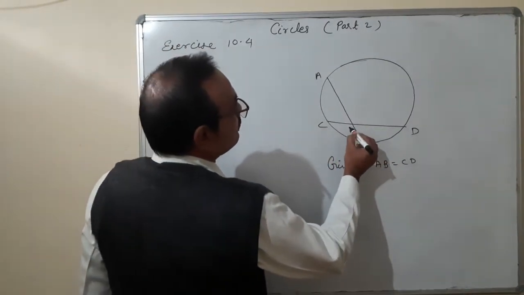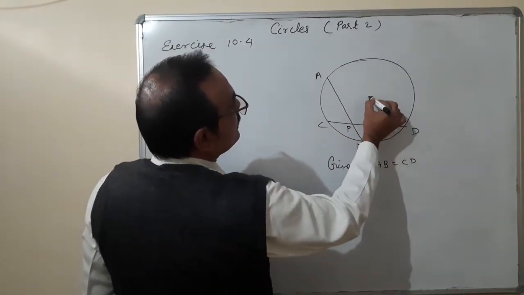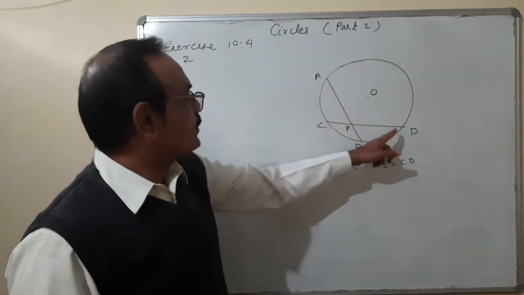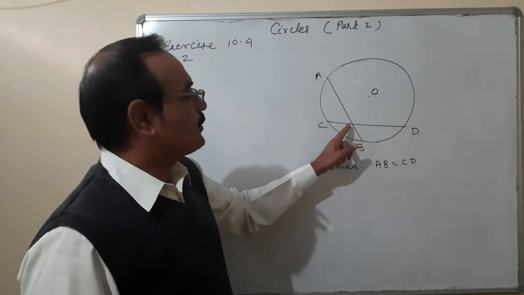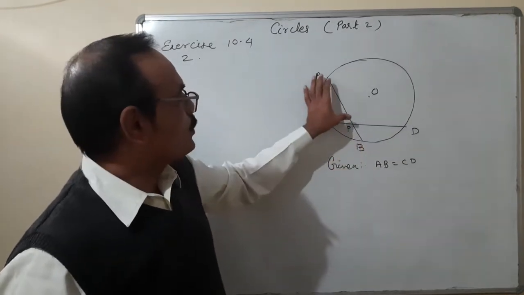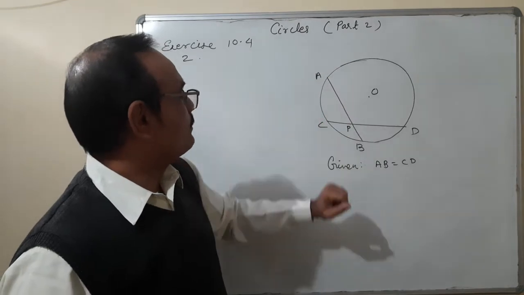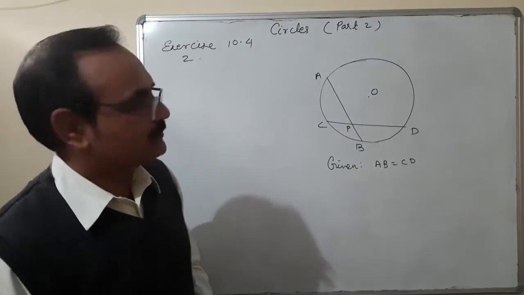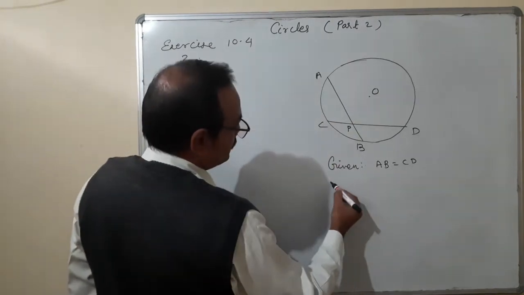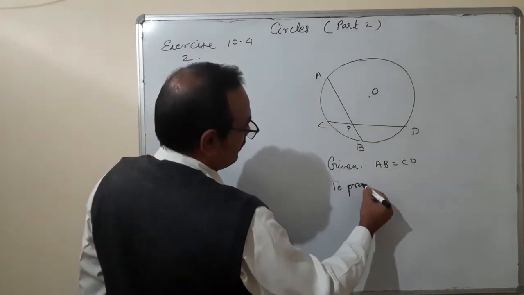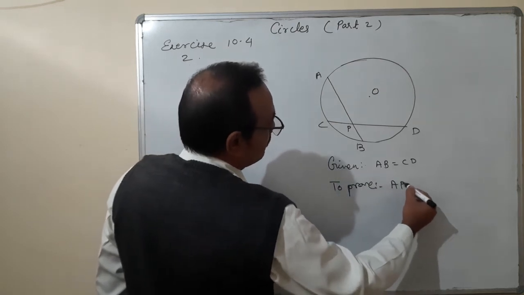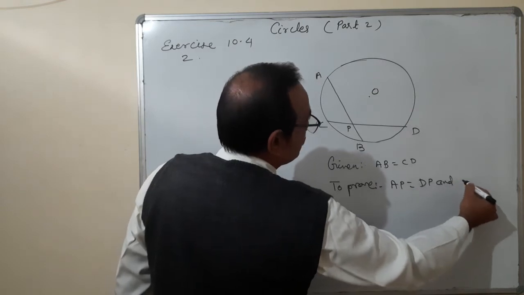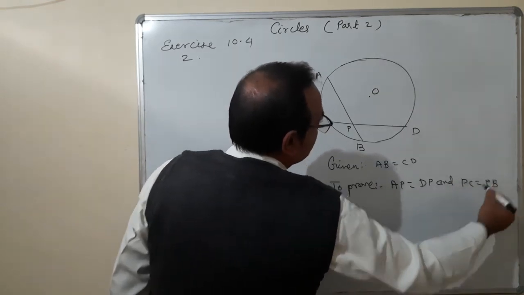This is P, O is the center. So actually we are going to prove that AP is equal to DP and CP is equal to BP. There are two parts of the chord, AP and BP, and DP and CP. So we are proving that they are equal. Given, to prove: AP is equal to DP and PC is equal to PB.